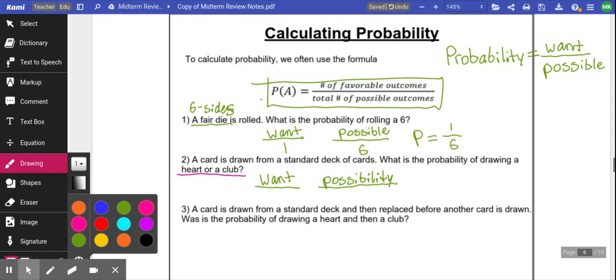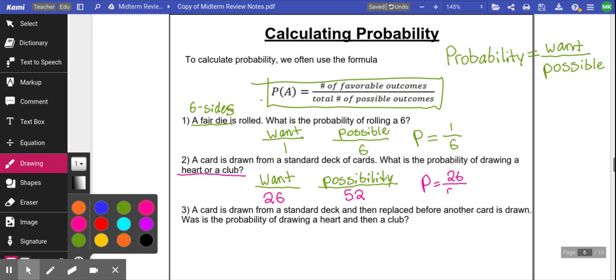That makes for 26 things that we want. We'd be happy with any of those 26 cards. What's possible when you have a deck of cards is any of the 52 cards get drawn. Probability equals want over possible. That's 26 over 52, which is 1 over 2. You could also express that as a decimal, right? So if you calculate 1 over 2, you would get 0.5.